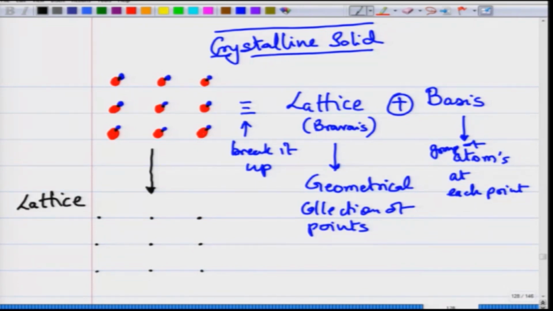Of course, this particular way of going from this collection of atoms to the lattice is by no means a unique choice.